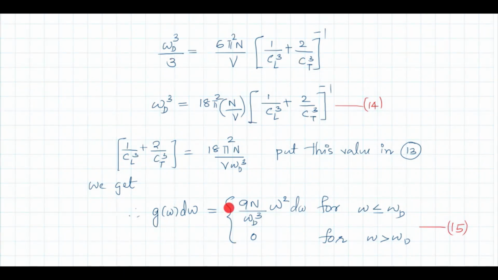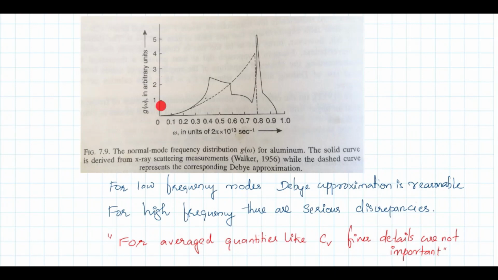We can compare this result with an experimental result. So consider this graph, g(ω) versus ω graph, and this is the normal mode frequency distribution g(ω) for aluminium. This solid curve is derived from X-ray scattering measurements.